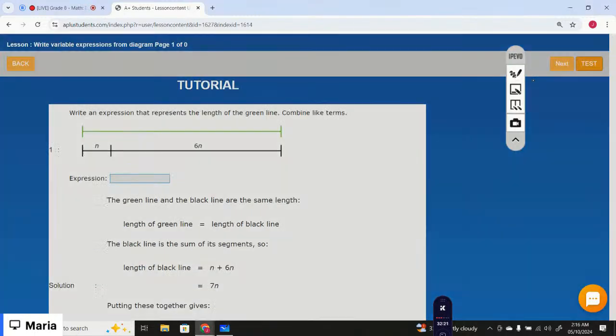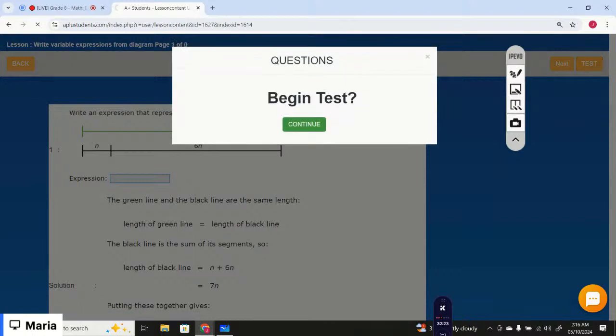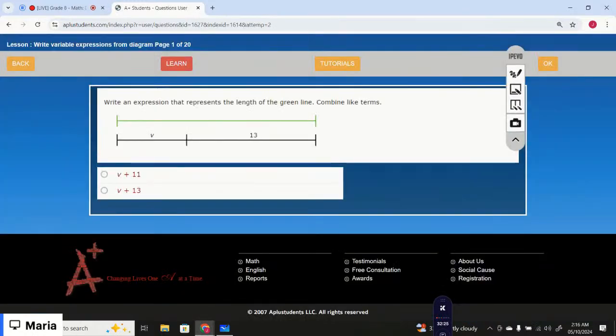Let's just start with the test questions. Write an expression that represents the length of the green line. Combine the like terms. So which is the correct option?